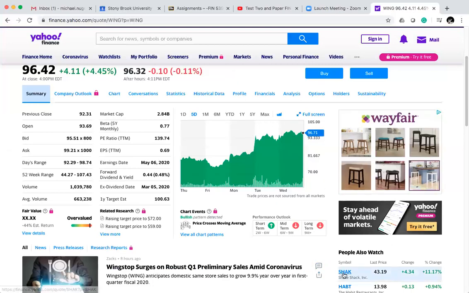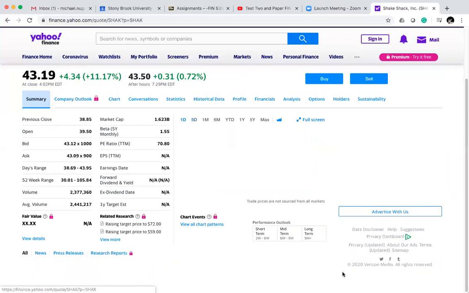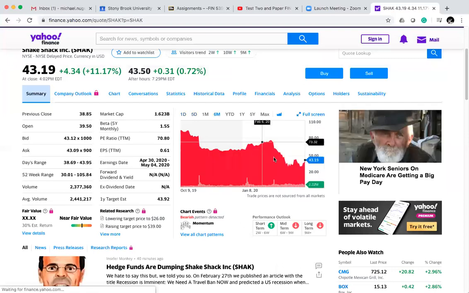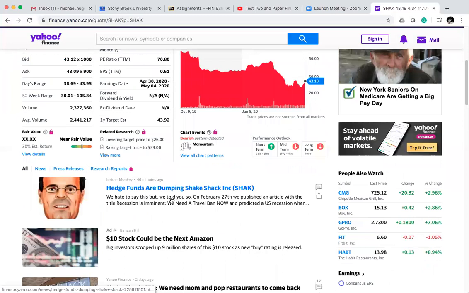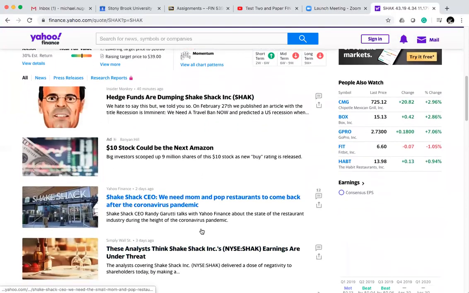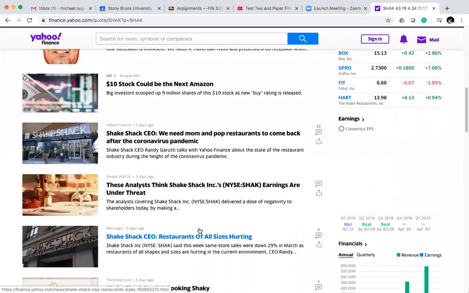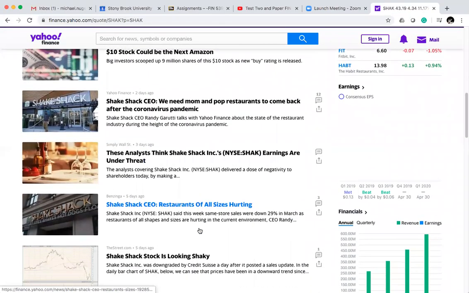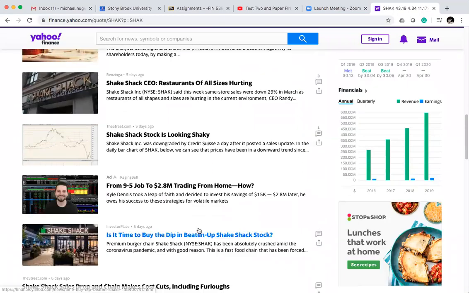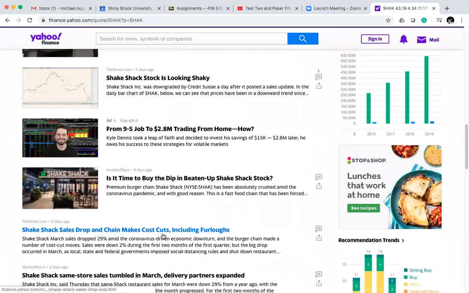So even Shake Shack, over 6 months, of course, they went down to $32, and they're back up to 43. But they came out and said, let's see, I'm trying to look for the news, here we go.